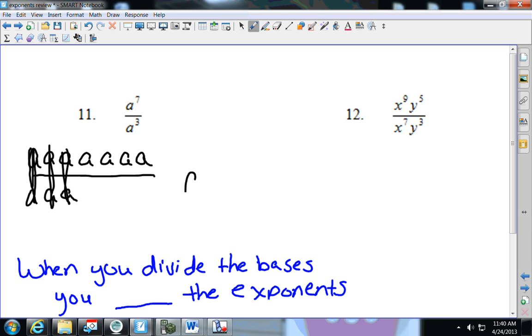I have a to the 4th, not 4a, a to the 4th. So what am I doing with these exponents? You subtract, yes. So right here, when you divide the bases, you subtract the exponents. So right here, on my x's, 9 minus 7.